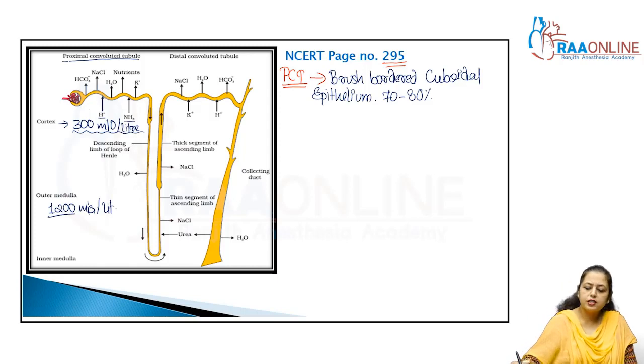So what is next? Why is there a brush border? Because it increases the absorptive surface area, and 70 to 80% of electrolytes and all the essential nutrients and water are reabsorbed by this segment.